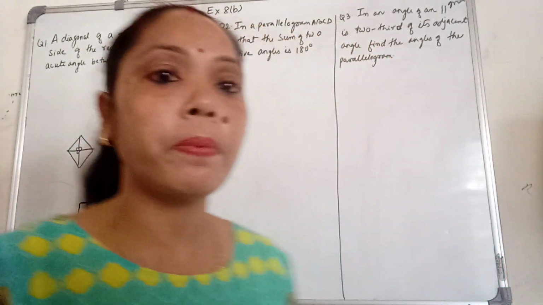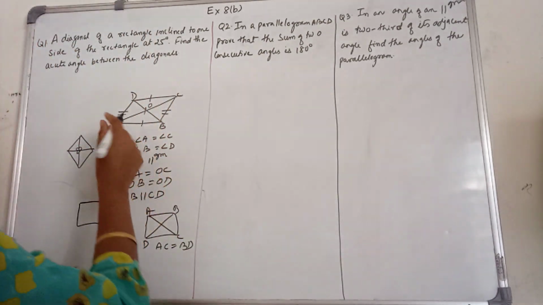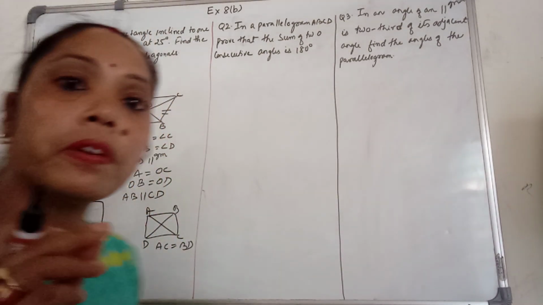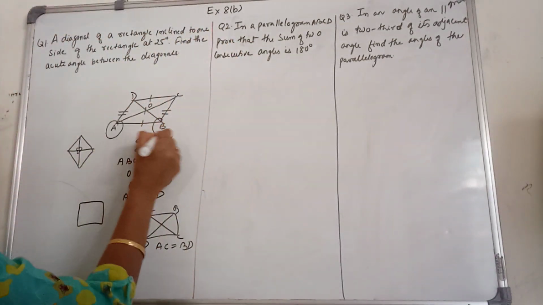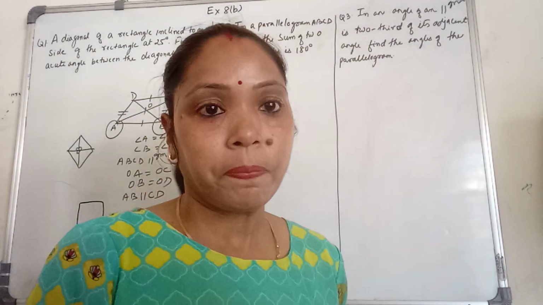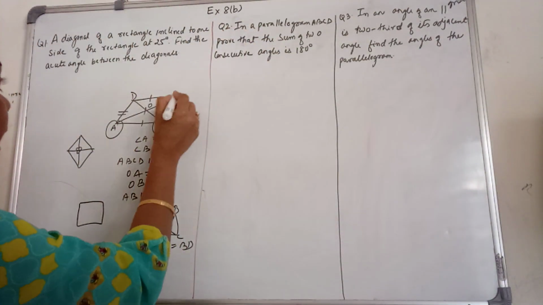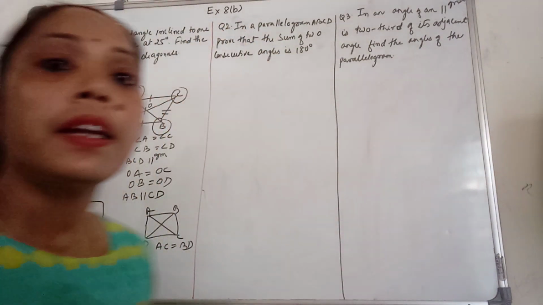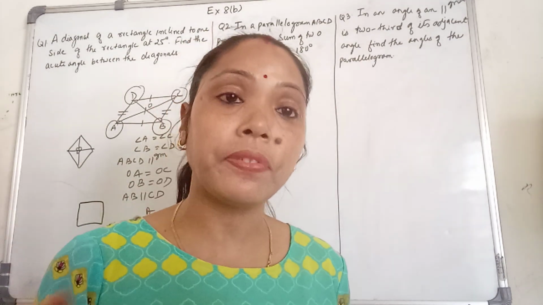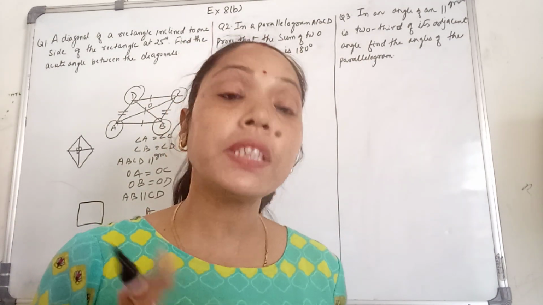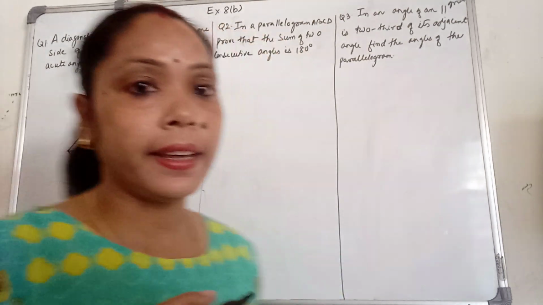And one more property we need: the consecutive angles of a parallelogram. Consecutive means, here angle A and angle B are consecutive angles, and angle C and angle D are consecutive angles. So the sum of the consecutive angles is always 180 degrees.